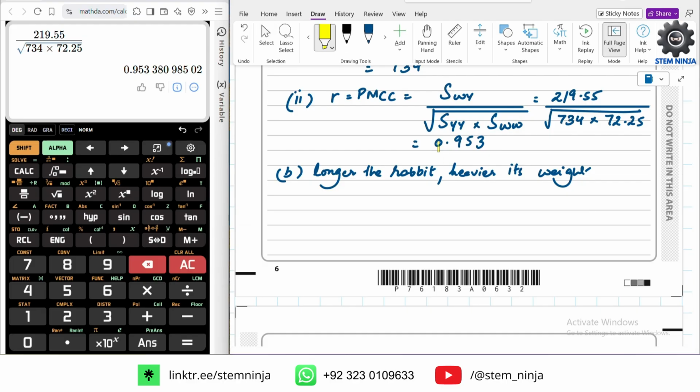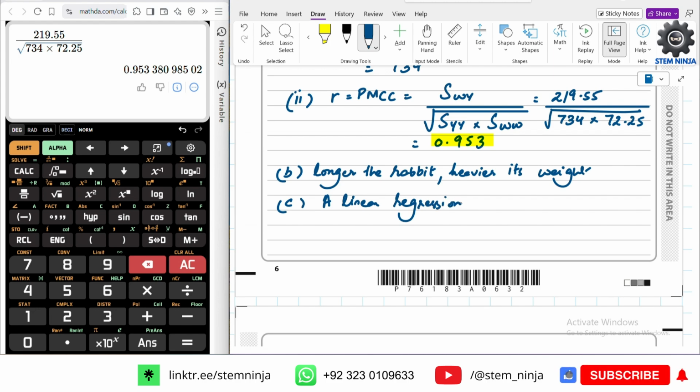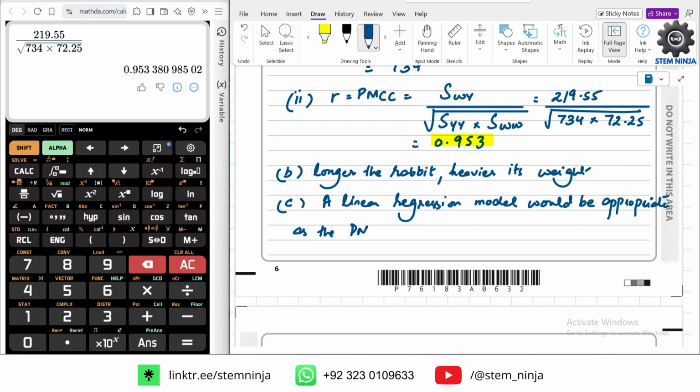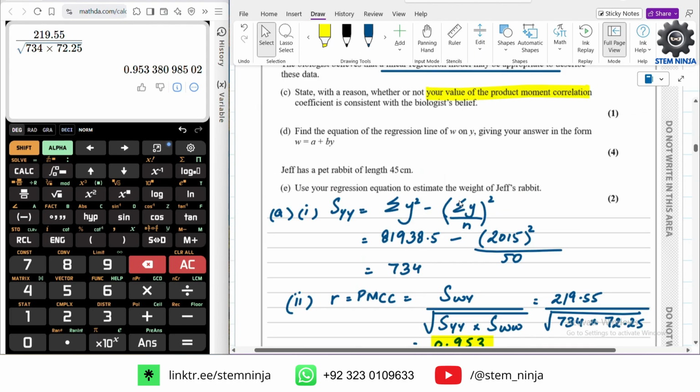So yes, it is, because we actually got the value of 0.953, so 95% you could say, so it is closer to 1. So a linear regression model would be appropriate as the PMCC value is close to 1. Okay.